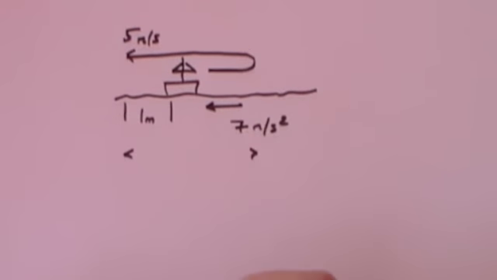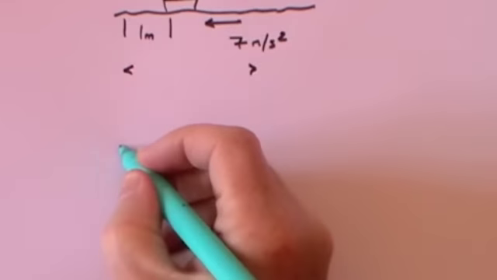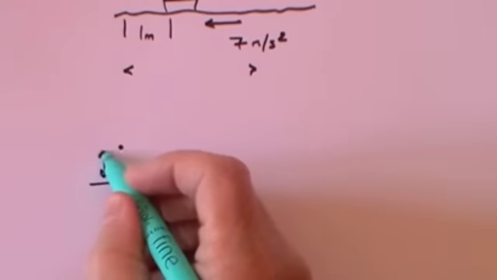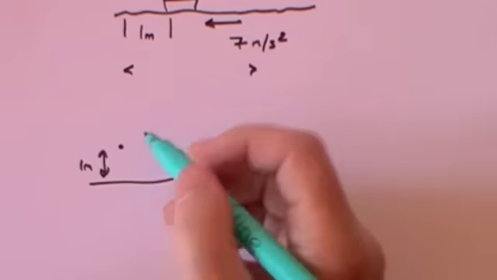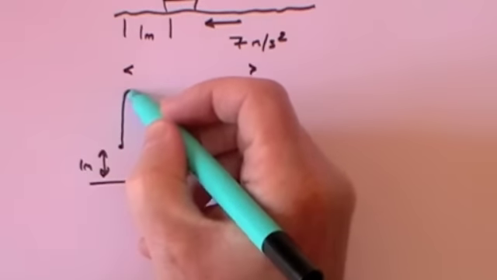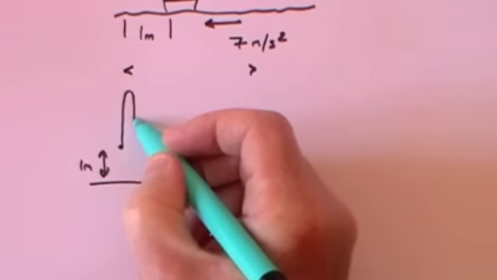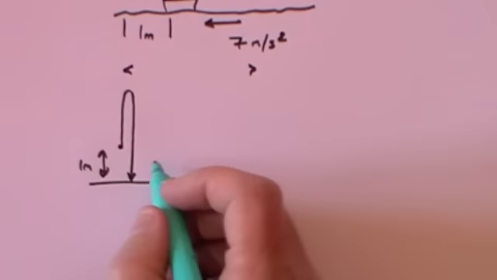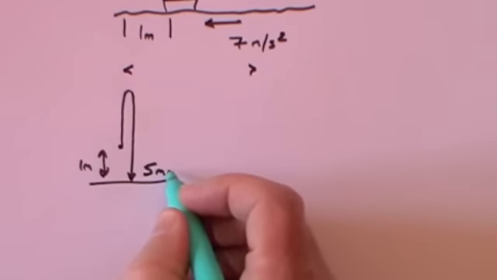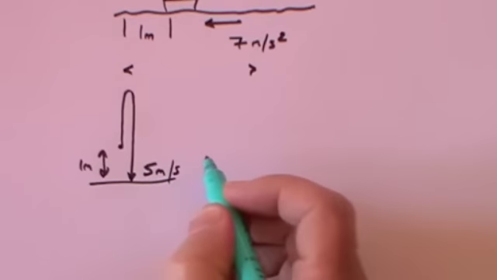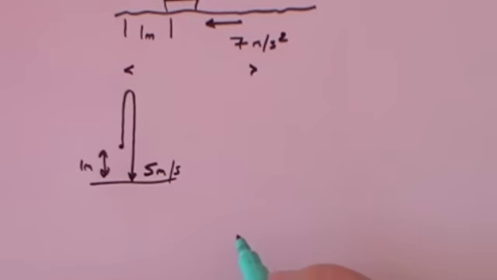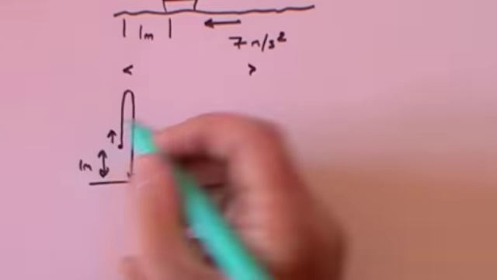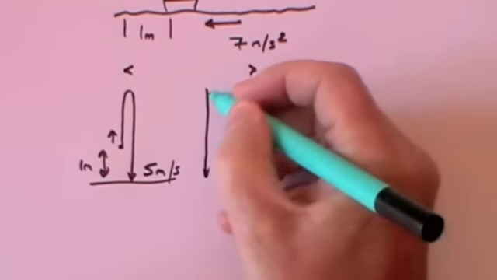This is exactly the same as saying I take a stone and I'm 1 metre above the ground, or at least the stone is, and I throw it up in the air. It will of course come to a stop and fall down again due to gravity and hit the ground, and I say that when it hits the ground it's travelling at 5 metres per second, and what we're asking is what is the initial velocity in that direction and what is the total distance covered.